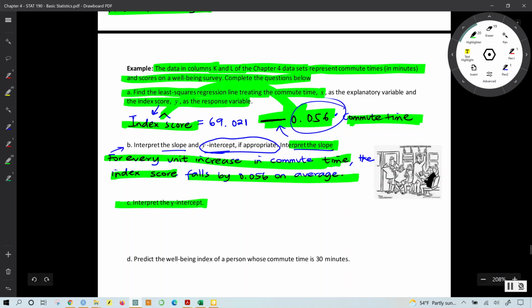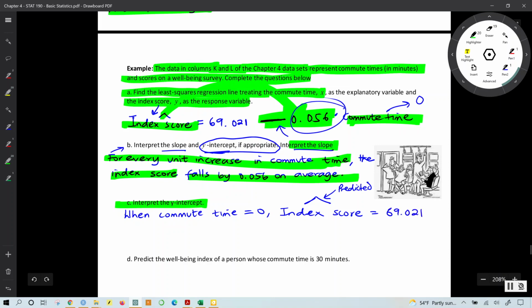Then we proceed to question C, which is to interpret the y-intercept. So the first thing we ask is, can the commute time be equal to 0? Well, that is possible. So when commute time is equal to 0, the predicted index score, which is why we have the hat, the hat indicates that it's a predicted value, not the actual value, is equal to 69.021.